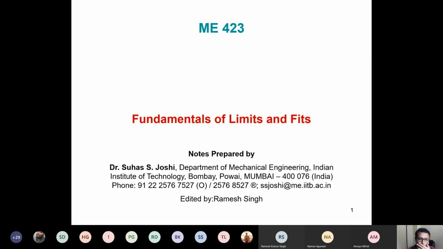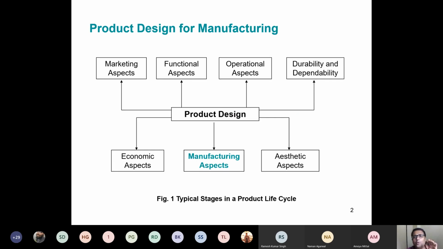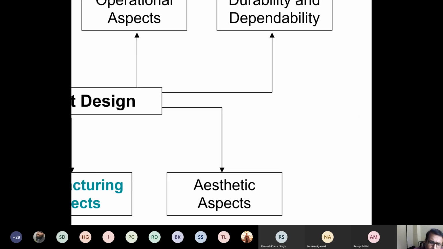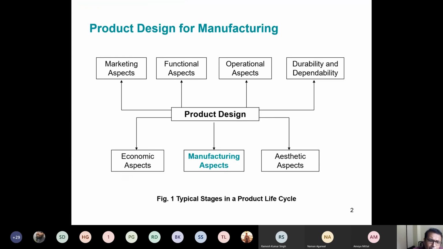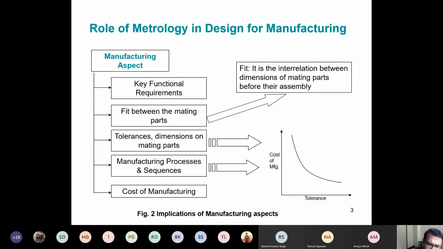Okay. So I'm assuming you all know what limits and fits is, right? You have done it in the ME338 class, have you or no? Before we start, I just want to check. Have you heard about limits and fits? Anybody? You can just use the chat box.